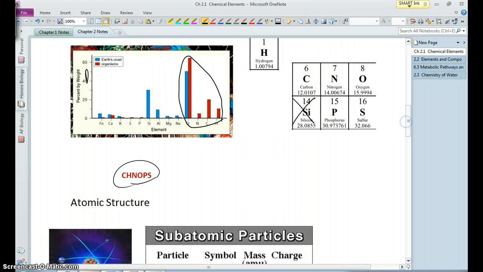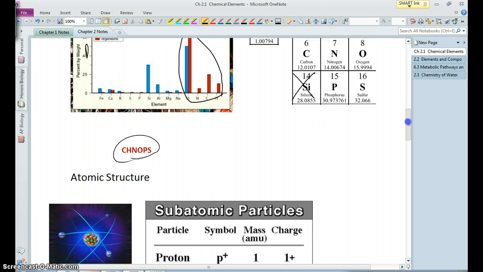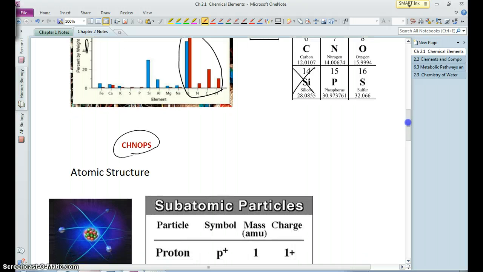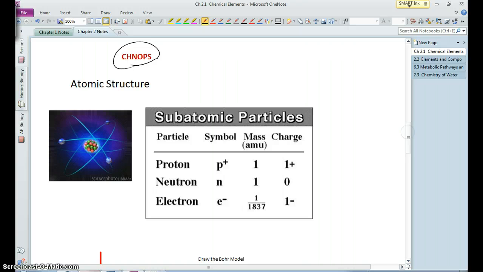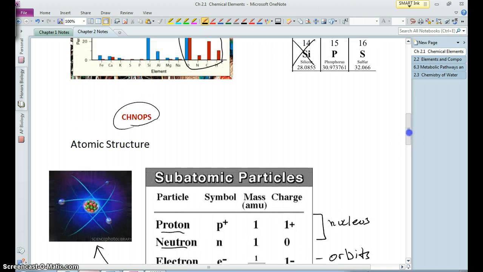Now, I'm sure you've probably studied subatomic structure a little bit in the past, but a little refresher here. Of course, you got your protons, your neutrons, and your electrons. And the protons and neutrons, as you know, are in the nucleus, and the electrons are in orbits surrounding the nucleus, as shown in this nifty image here.